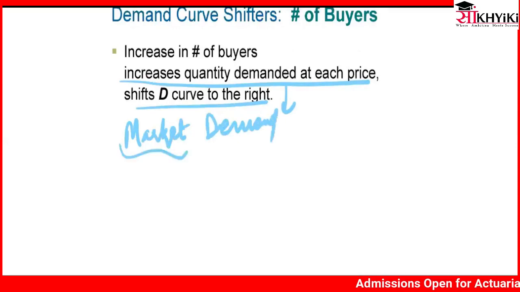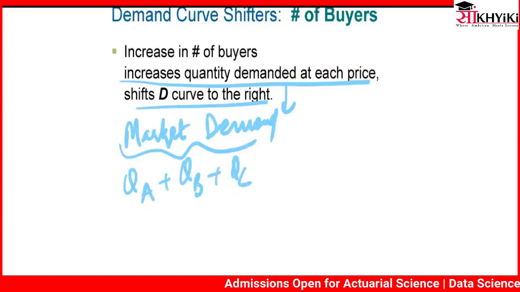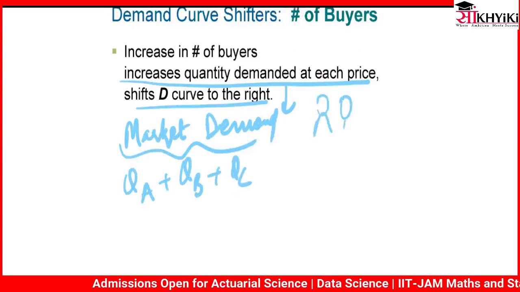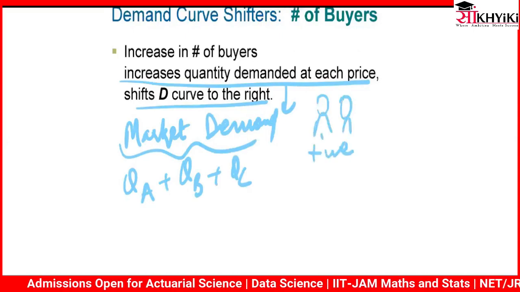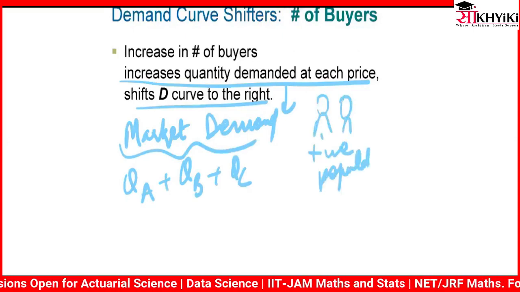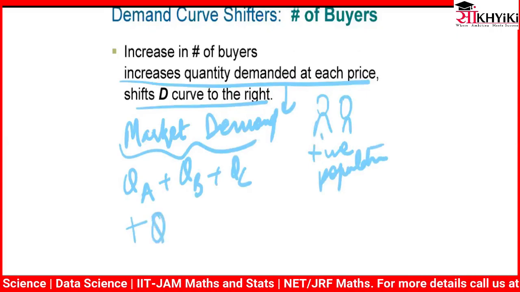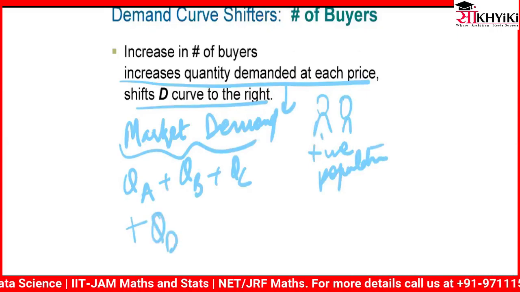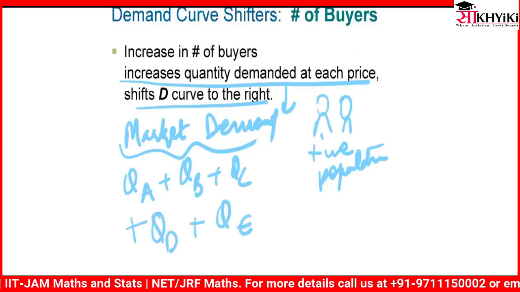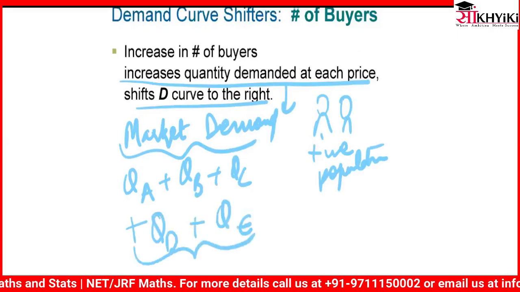So remember, market demand was demand by A, demand by B, and demand by C, and so on. Now assume that there is an increase in population. Whenever population increases, the number of people increases, and hence suppose there is an addition to my population, say D and E. So obviously the total demand would increase.